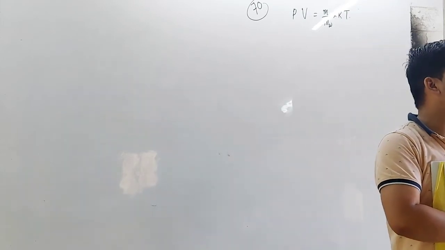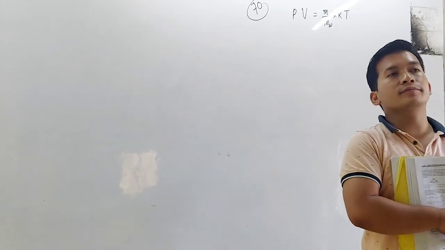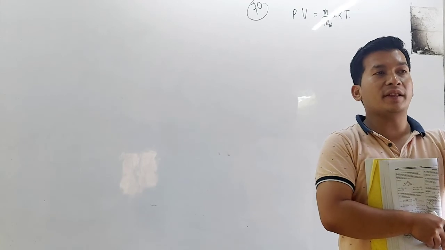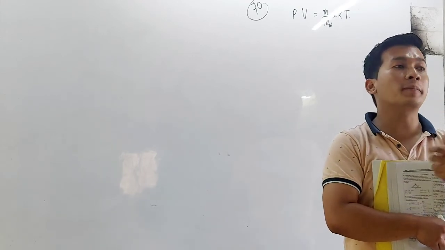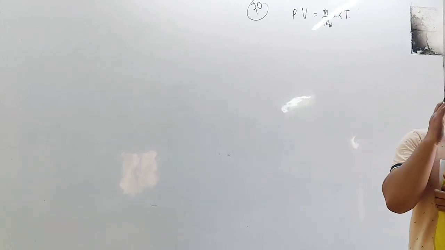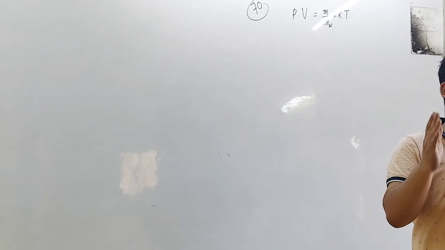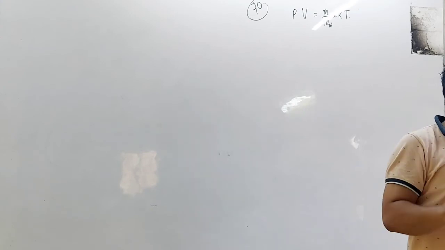While we calculate the number of students that have already gone, we still maintain the full capacity of the classroom. What is the full capacity? 20 students. First we have to calculate how many students have already left the classroom by keeping the volume constant.